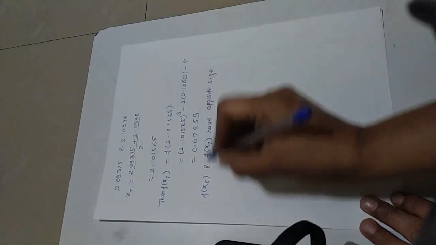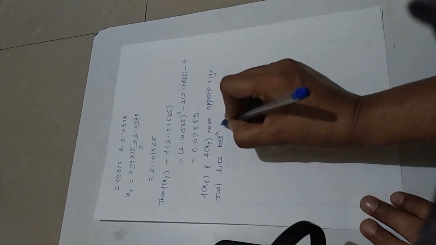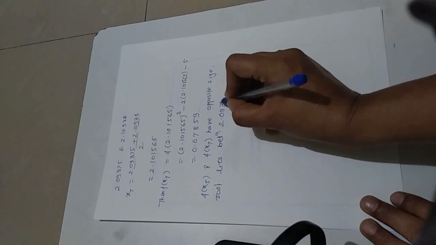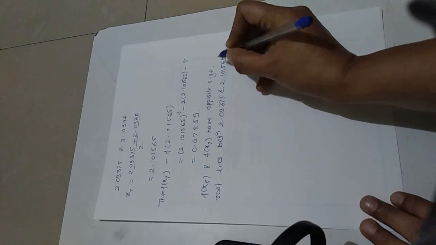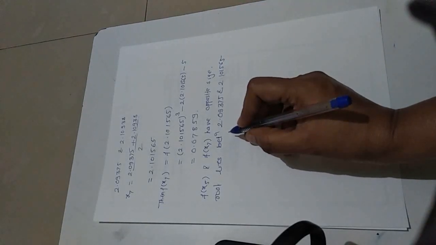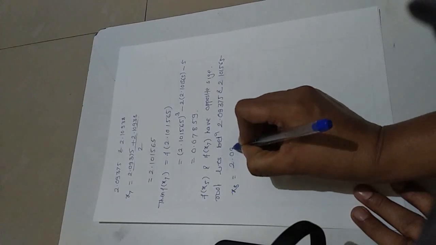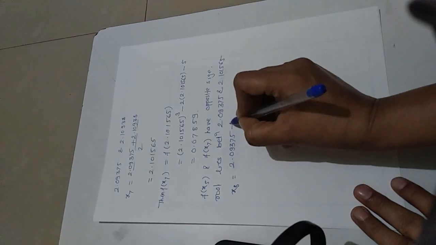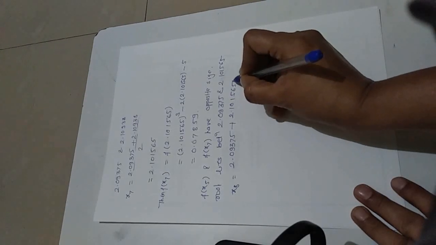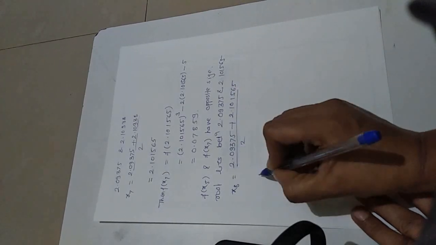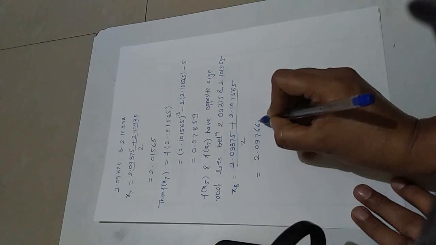and hence the root lies between 2.09375 and 2.10155, and then find x8. x8 is equal to (2.09375 plus 2.10155) divided by 2, and that is equal to 2.09766.